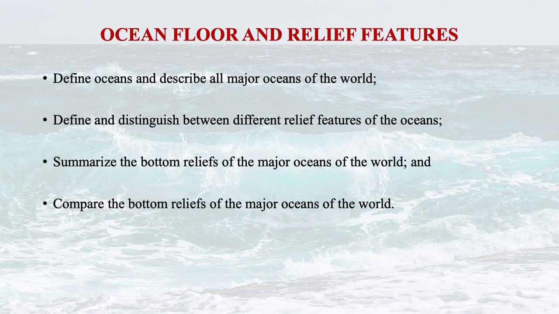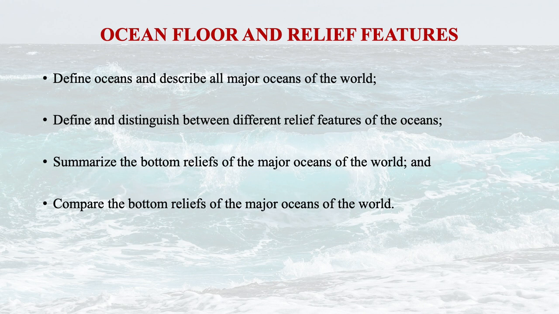Now you can compare the bottom reliefs of major oceans of the world after going through these video programs, because you have studied that in the Atlantic Ocean there's a central ridge, in the Indian Ocean also there is a central ridge.